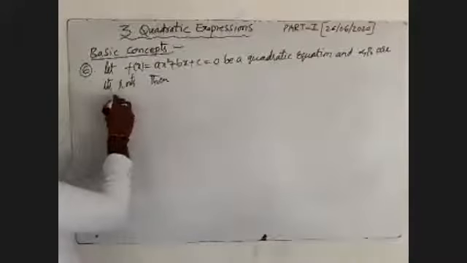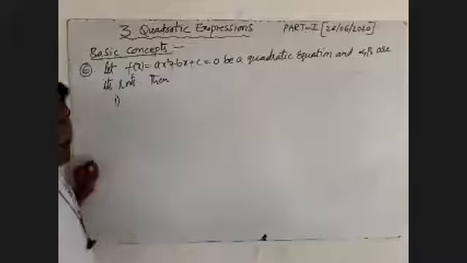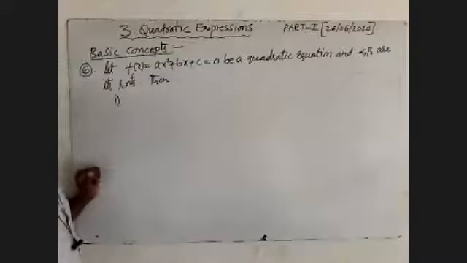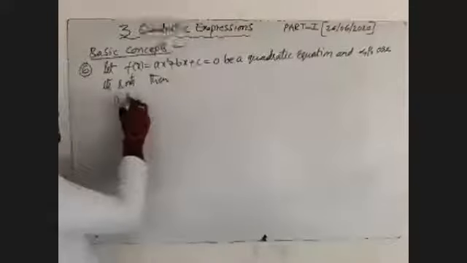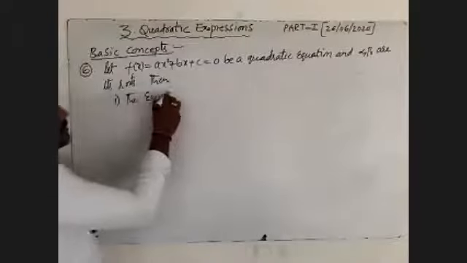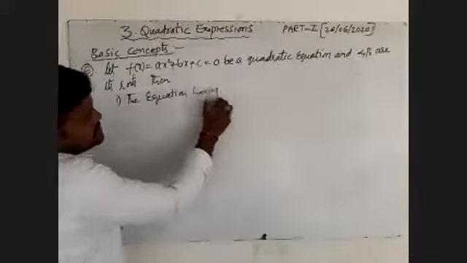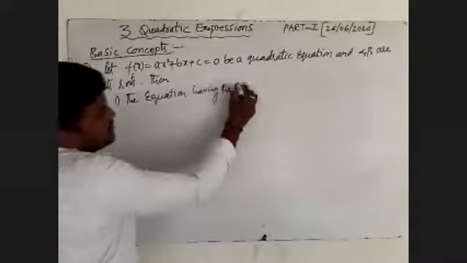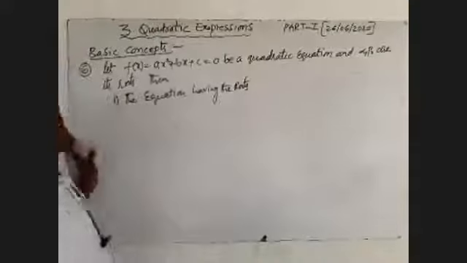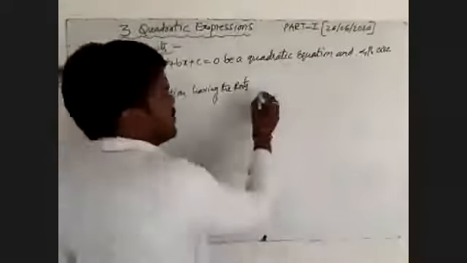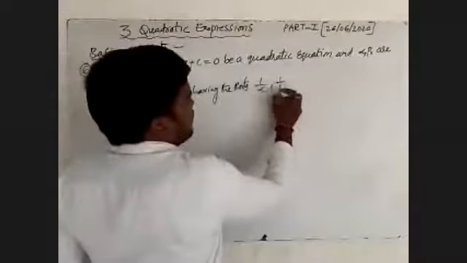Some conditions will appear. Here the first condition is the equation having the roots 1 by alpha comma 1 by beta.